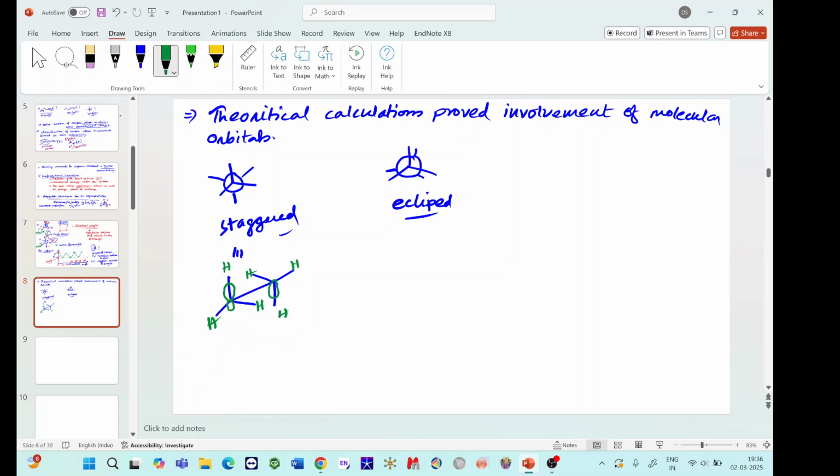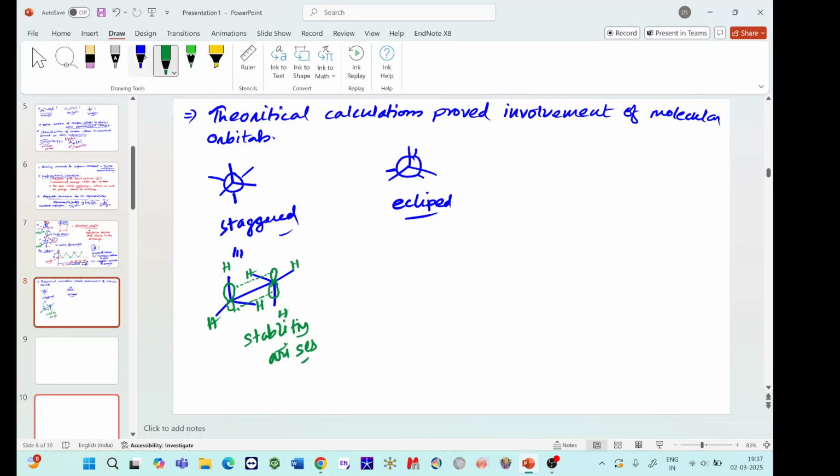For this one also you have bonding orbital here, anti-bonding orbital here. So only if you are in the exact opposite position, you can have some interaction between these. So this will give you some stability. Stability arises.